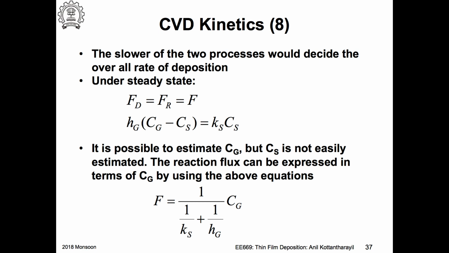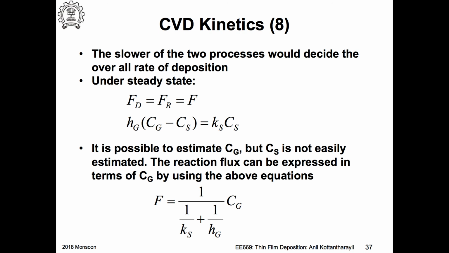And Cs is actually difficult to find out because that depends on what is the reaction rate. So what you do is you rewrite this equation and express Cs in terms of Cg, and then use that in one of these equations.